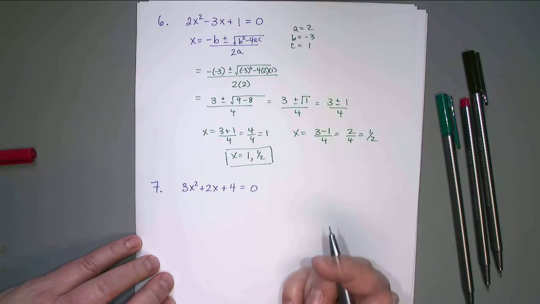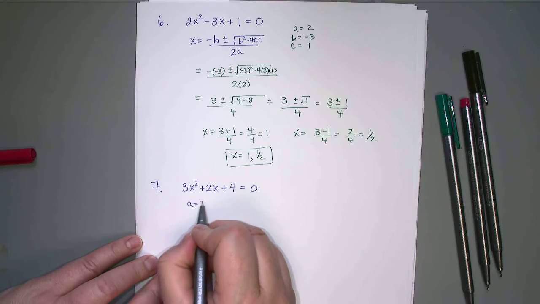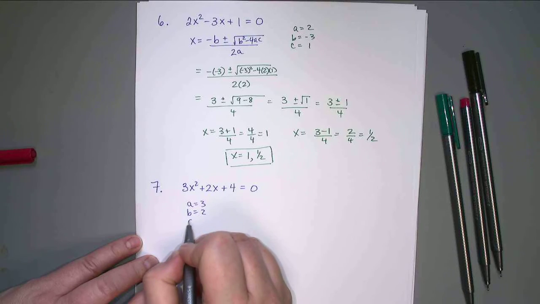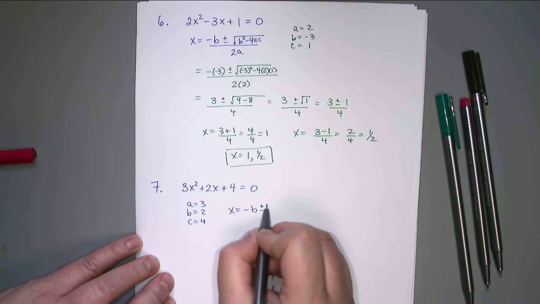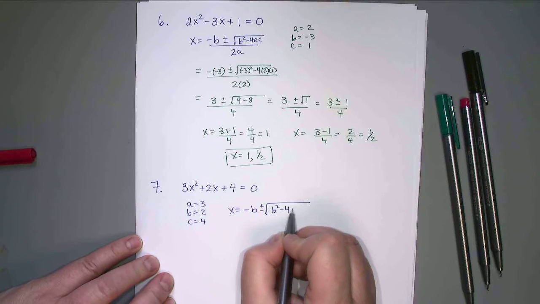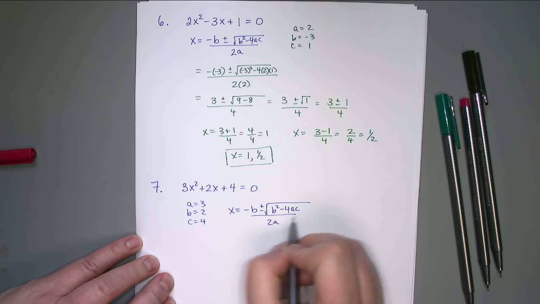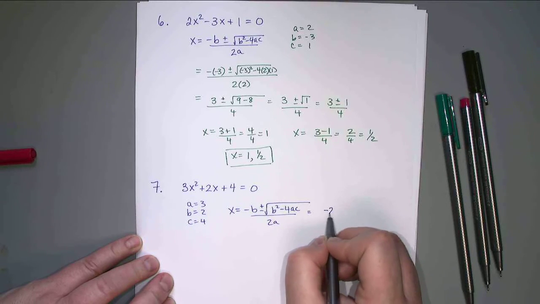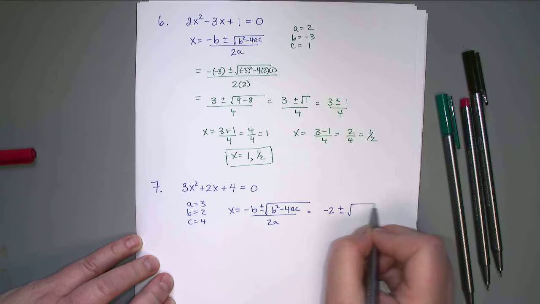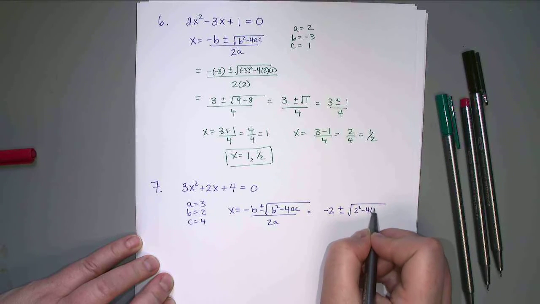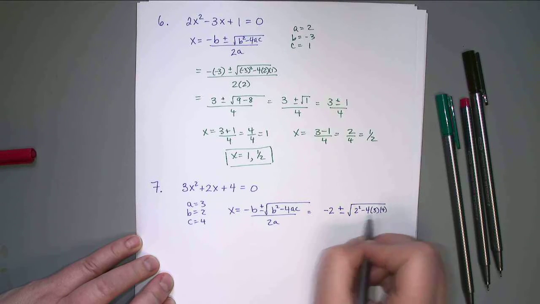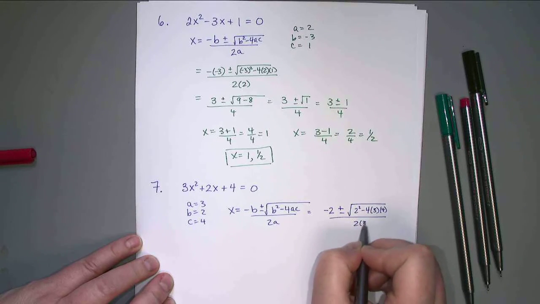Okay, we'll do that again. So here A is 3, B is 2, and C is 4. So minus 2, B squared is 2 squared. Okay.